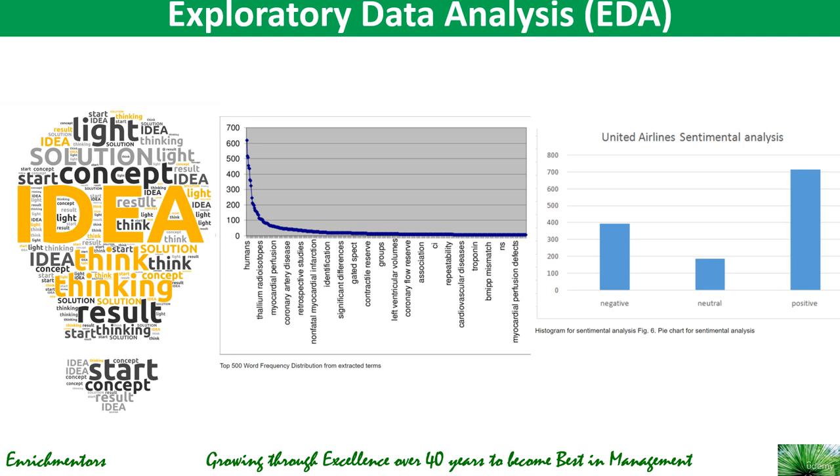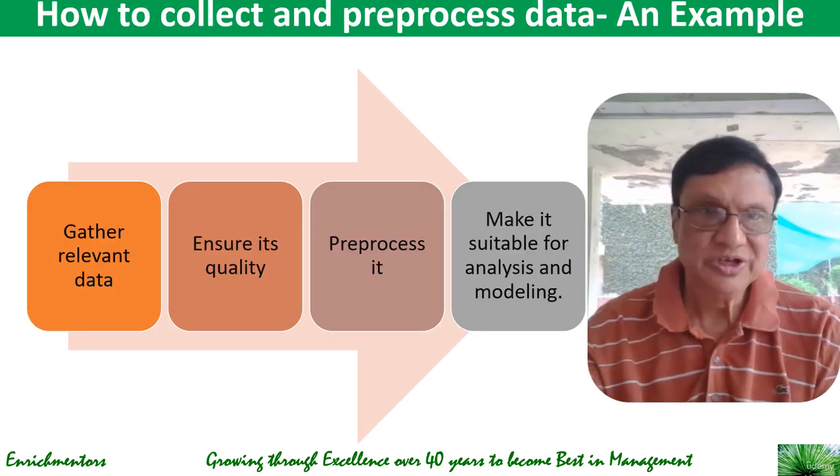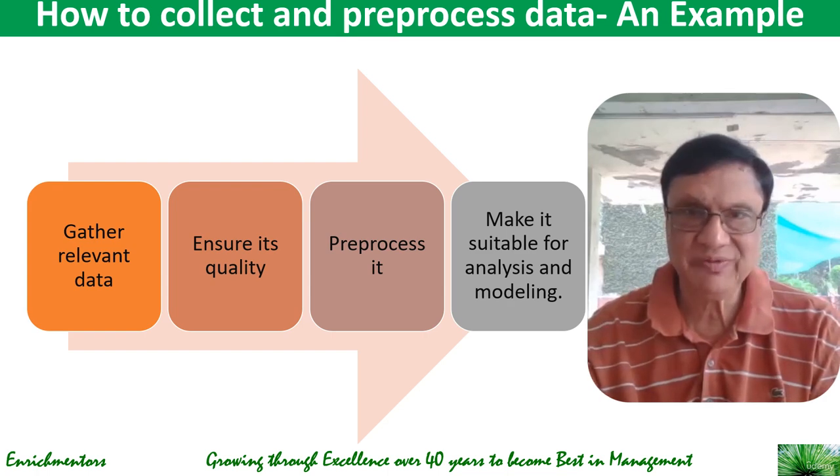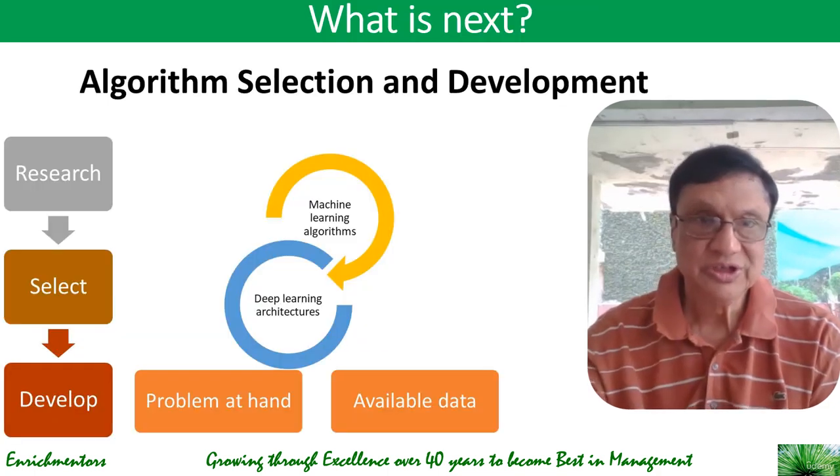So that's what the visualization was about. By following these steps, the team gathered the relevant data from various sources, ensured its quality, and pre-processed it to make it suitable for sentiment analysis in the AI project focused on customer reviews. This pre-processed data was then used to train the machine learning models for sentiment classification or to extract insights from the customer feedback.